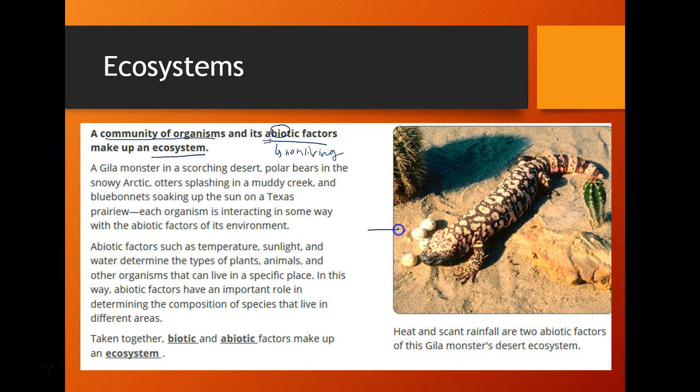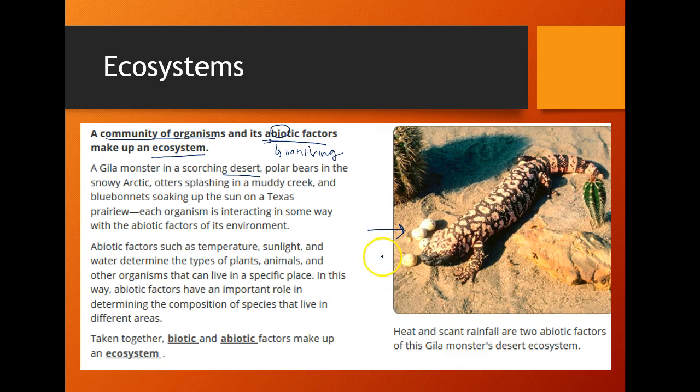So we have an example right here. We have a Gila monster, and it lives in a desert, right? And so we see that it has a very specific habitat in which it lives, a very specific ecosystem.